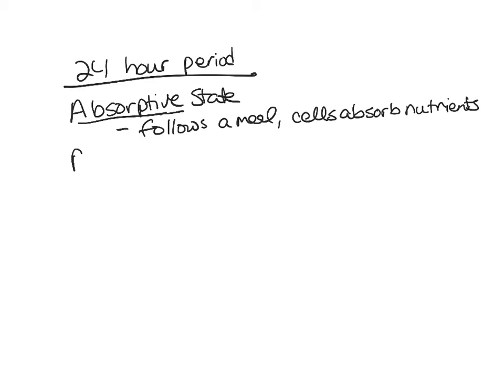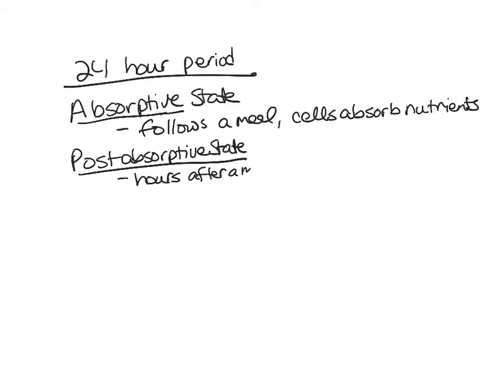The post-absorptive state comes hours after a meal, hours later. And this is where the cells are going to focus on maintaining the blood glucose levels to meet the needs of the nervous tissue.